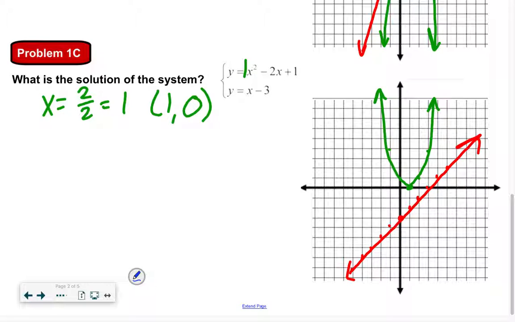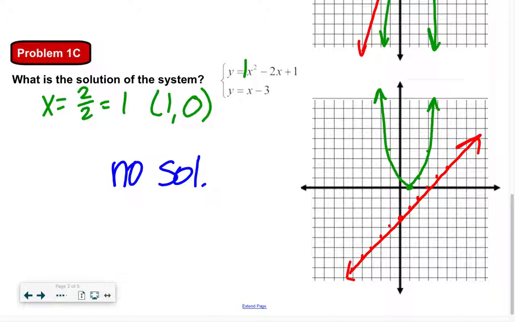It isn't 1, because why? They don't touch. No solution. If they don't cross, no solution. Solving by graphing, okay? Not too bad?